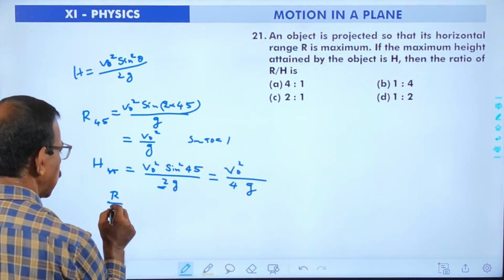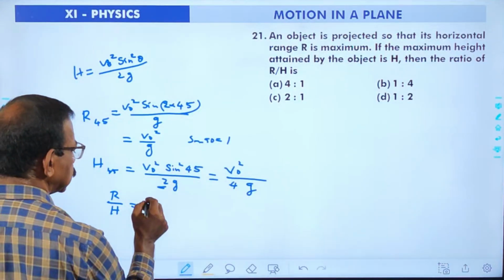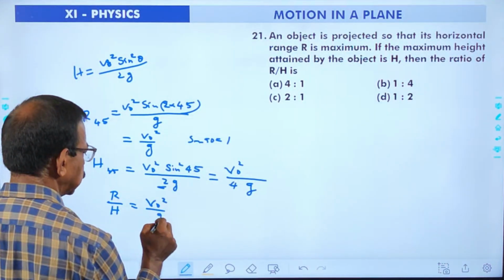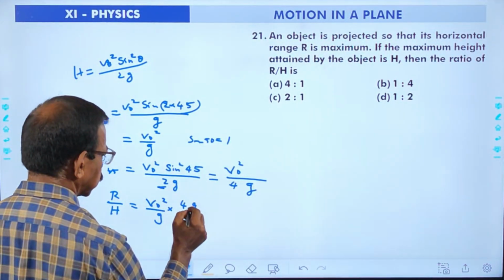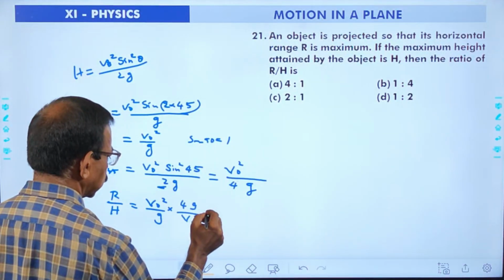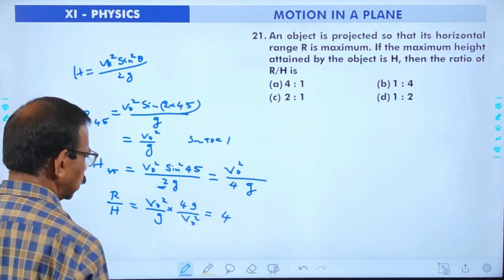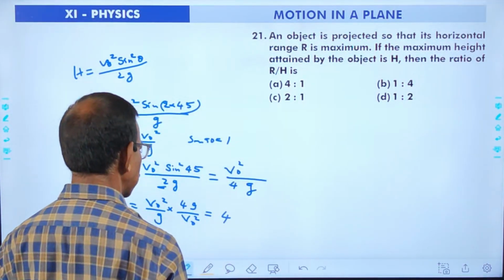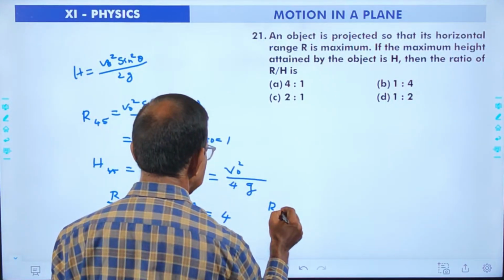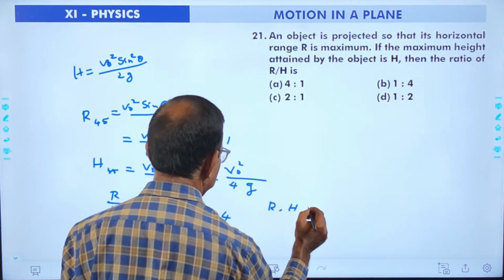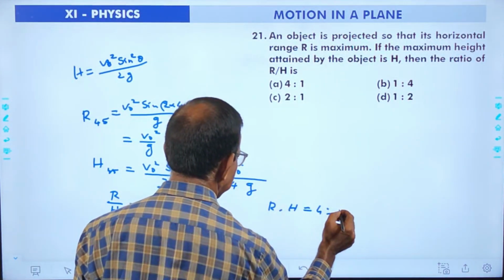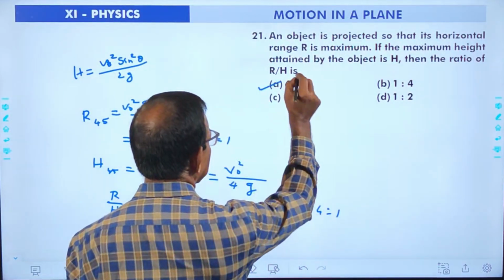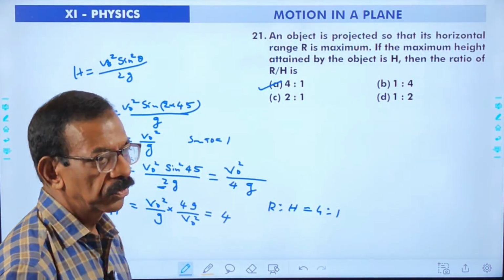How much is R by H? R is V0 square by g and H is V0 square by 4g. The remaining is 4. That is R by H equals 4, or R is to H means 4 is to 1. The ratio is 4 is to 1. Answer is option A, 4 is to 1.